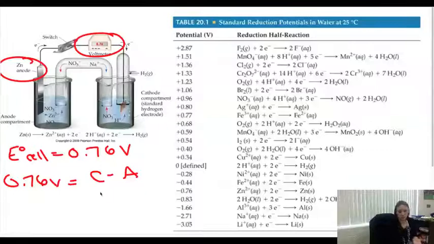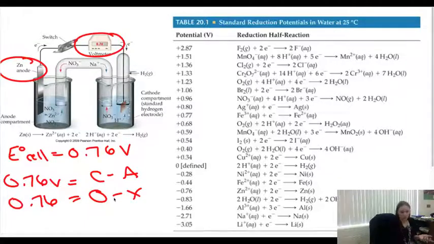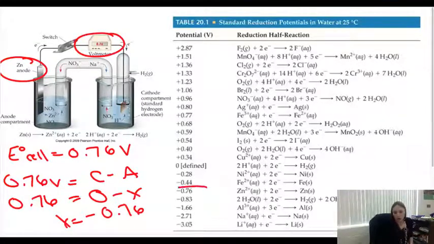I'm going to have 0 minus x is going to be equal to 0.76. Solve for x, and I'm going to get negative 0.76. And if you look on the list, zinc is negative 0.76. So they picked hydrogen as the 0 point and then read the voltages for a bunch of different cells and figured out what the other part of that would be.